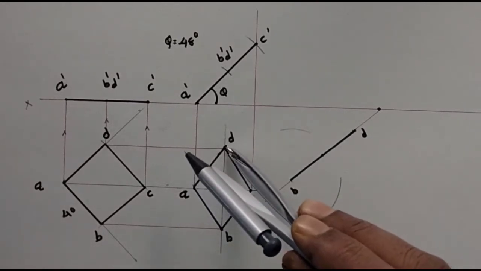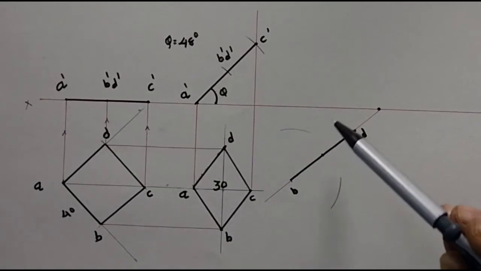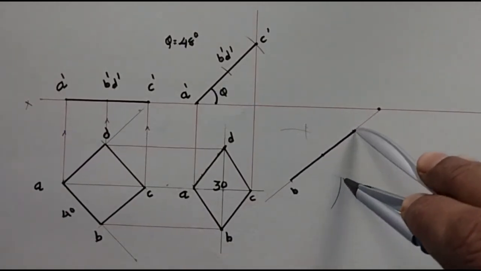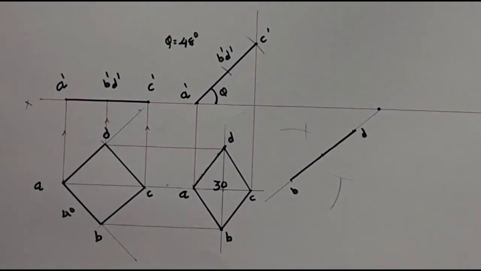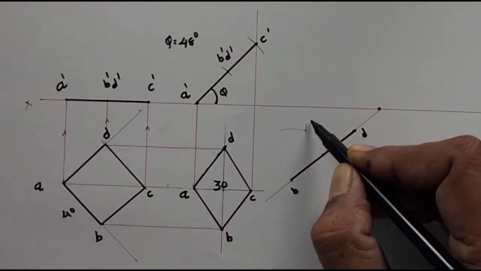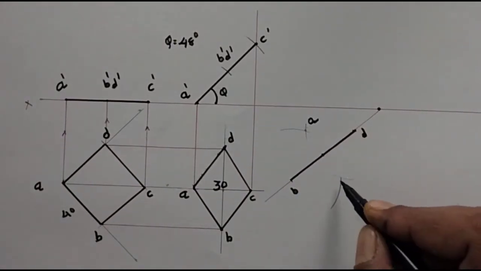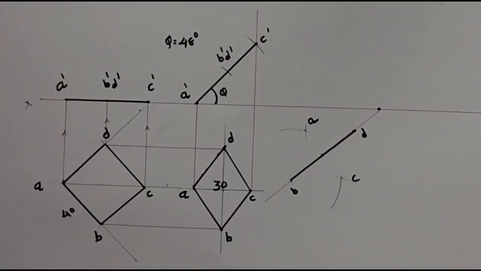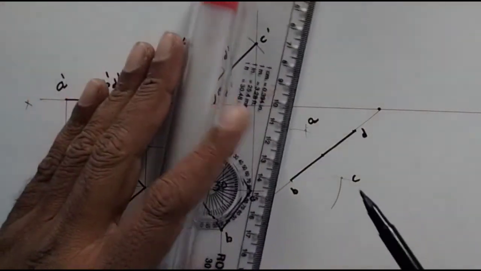Similarly, you can take the radius D to A, your D point center, and draw the arc on both sides. So this is your corner A and this is your corner C. Now join all the points.